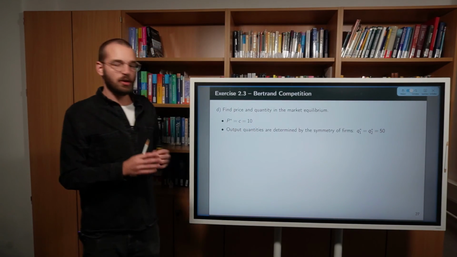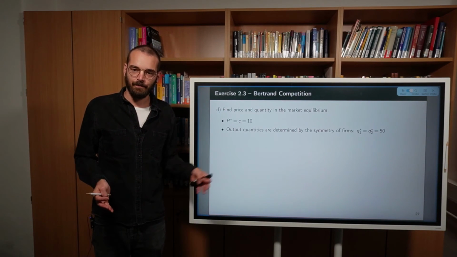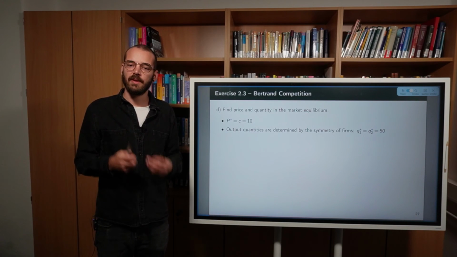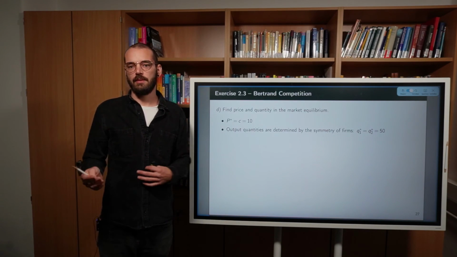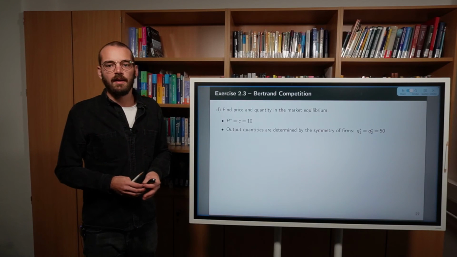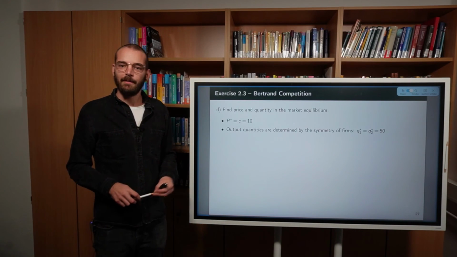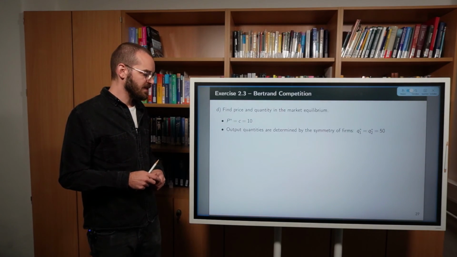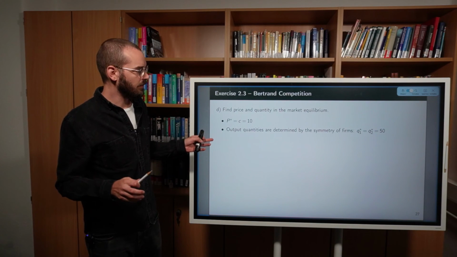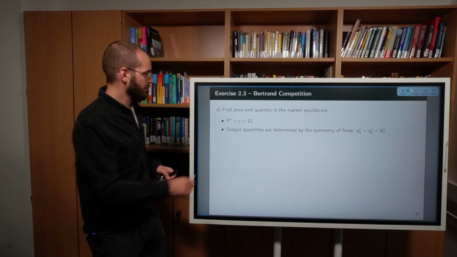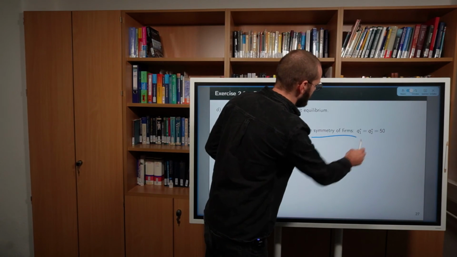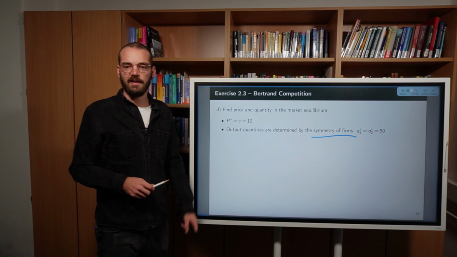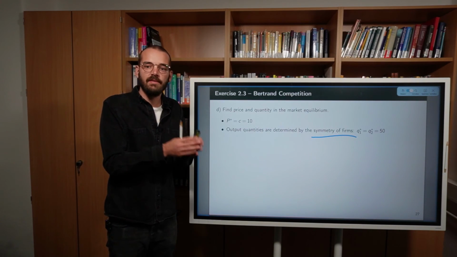Now, how do we know what the quantity sold by each firm is? Technically we cannot know, all right? We know there's a total quantity of 100, but what tells us which firm is producing how much of this? Well, technically we can't tell, but we can make a very simple and not too harsh assumption that in a case where we have symmetric firms, it's feasible to consider that the market outcome will be an even split.